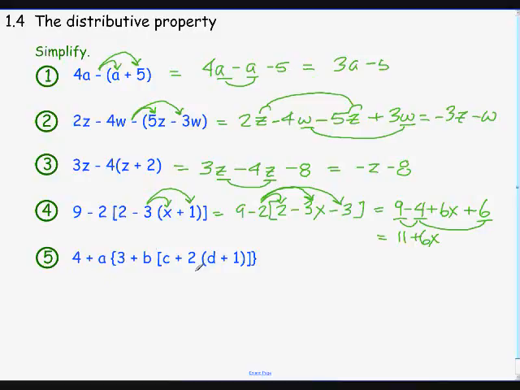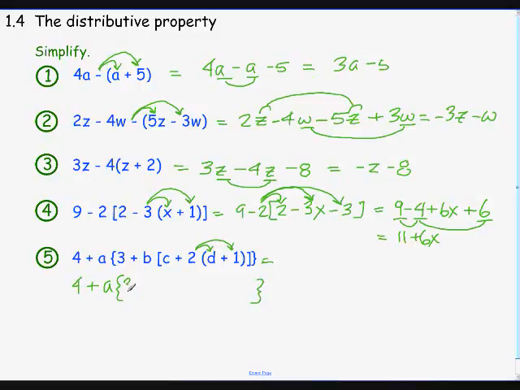Same thing again here, only even more nested. But I follow the same rules. I'm going to, oh, maybe I'll go down here. 4 plus a times what's in the curly bracket. I'm going to leave what's in the curly bracket alone.